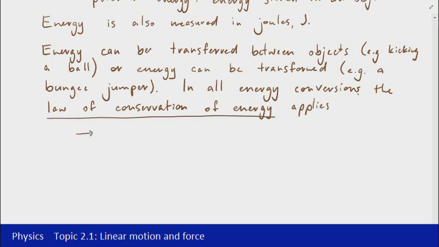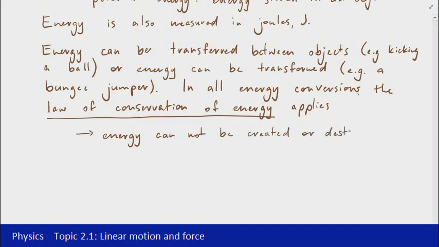So two ways to think of it. The first is that, as we've just identified, energy cannot be created or destroyed. So we can't have energy being created out of nothing, and we can't have it being destroyed into nothing.